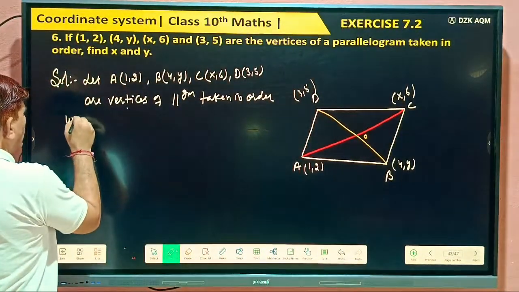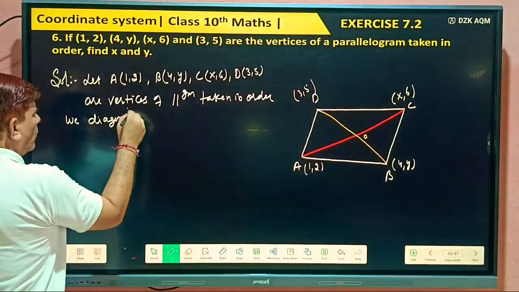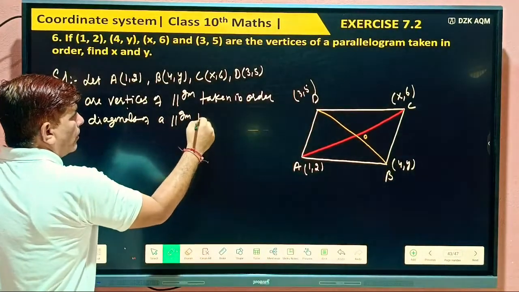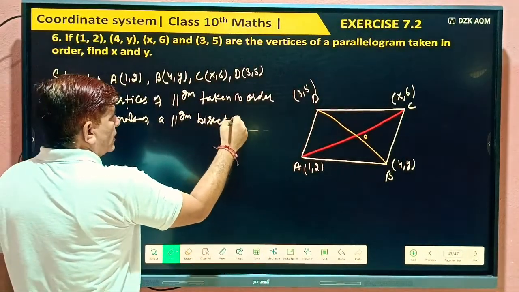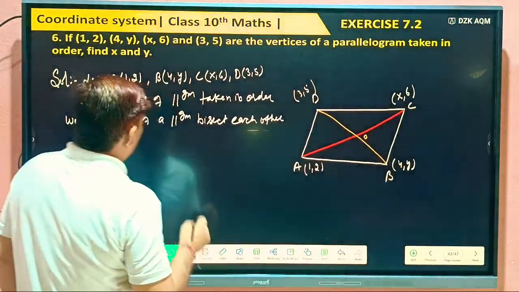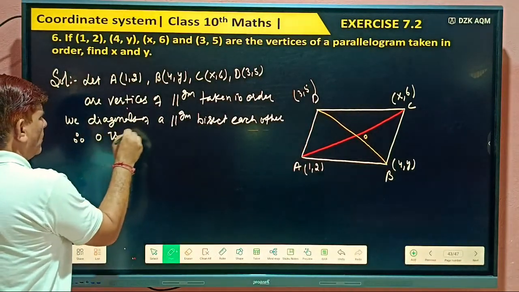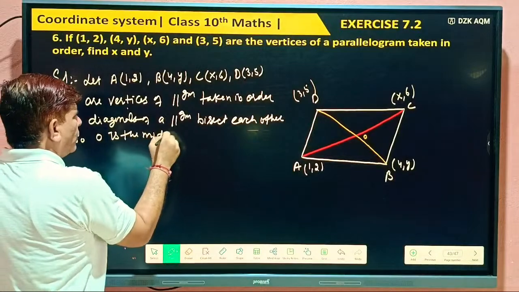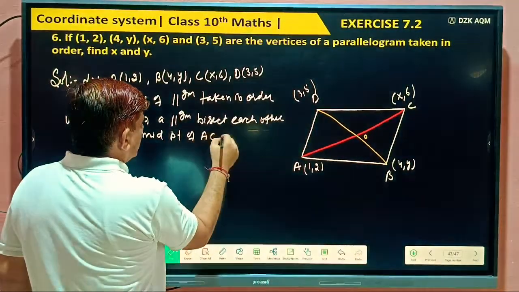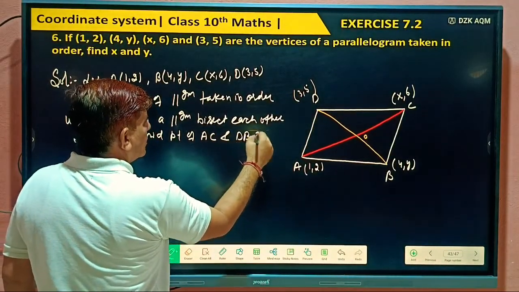We know the diagonals of a parallelogram bisect each other. Therefore, O is the midpoint of AC and DB respectively.